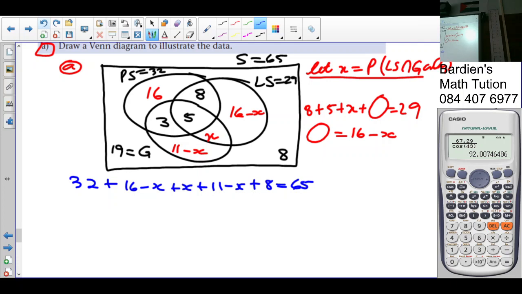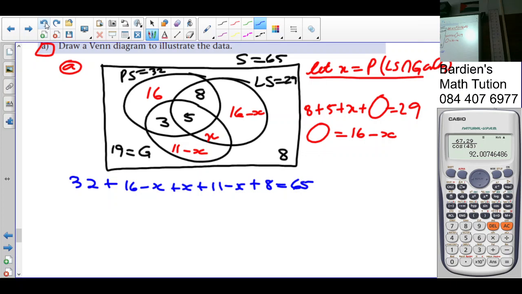Okay. So instead of saying 16 plus 8 plus 5 plus 3, we know it's going to add up to? What does that all add up to? 32. Just remember now I've accounted for all four. That's why I then said 16 minus x plus 11 minus x plus 8 is equal to 65. But if you want to write out all the numbers, no problem.